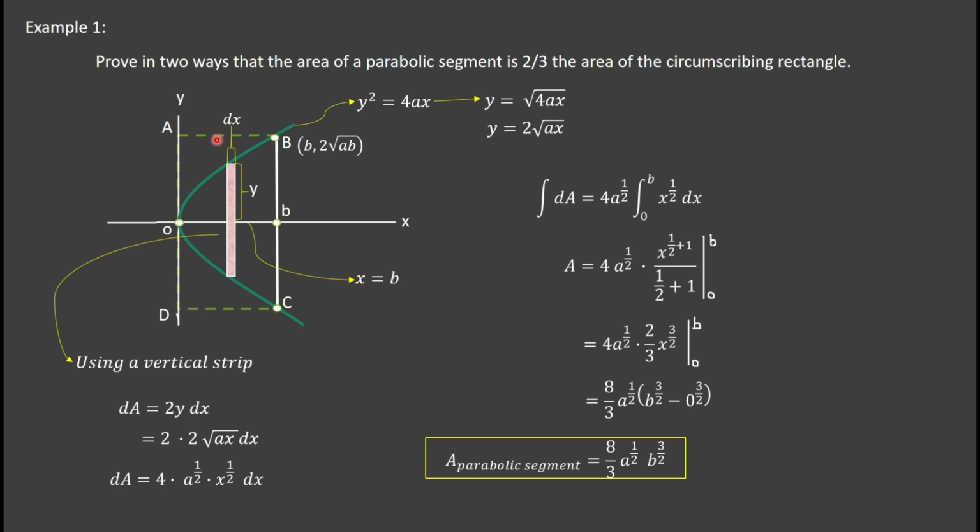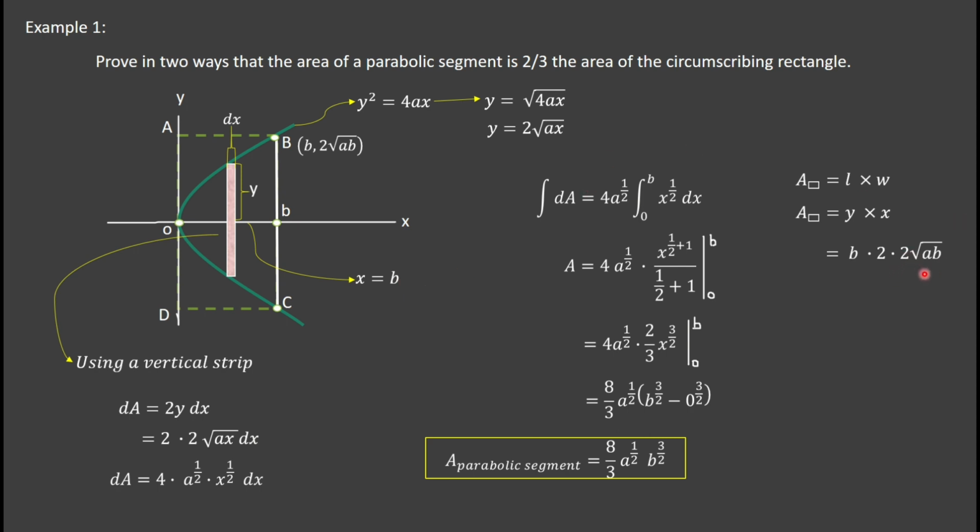We know that the formula of the rectangle equals length times width. The length here is our y, so substitute the equivalent of y, which is 2 square root of ax, and substitute x equals b here.